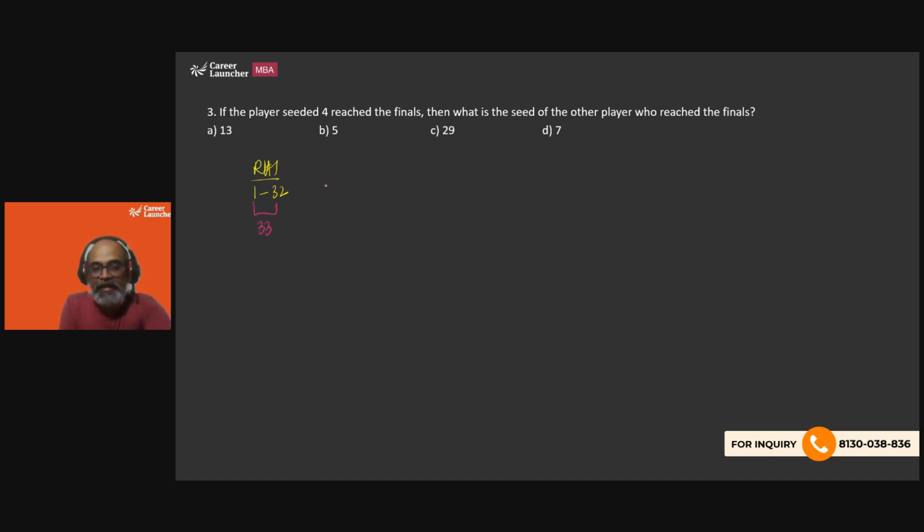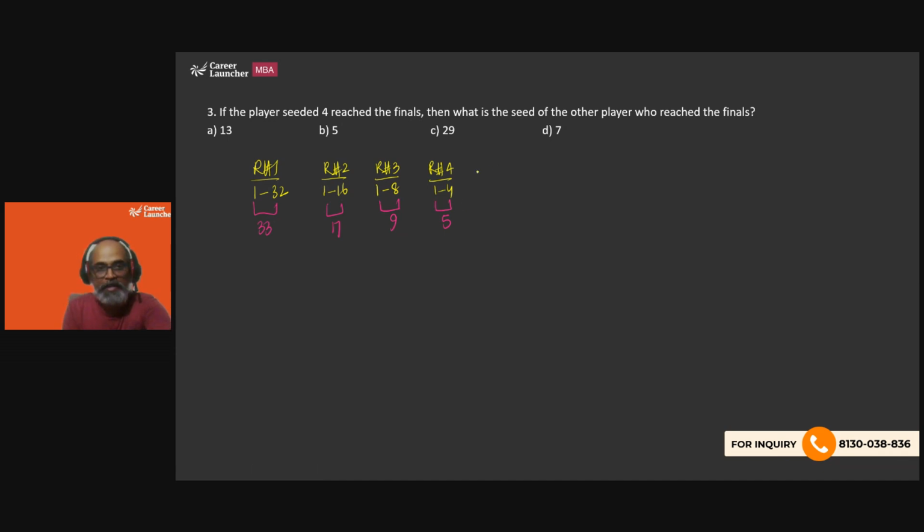Next, we look at round number 2. It's 1 versus 16, so half of that. The sum is going to be 17. Then round number 3: it's 1 versus 8, and the sum is going to be 9. Then round number 4: it's 1 versus 4, so the sum is going to be 5.